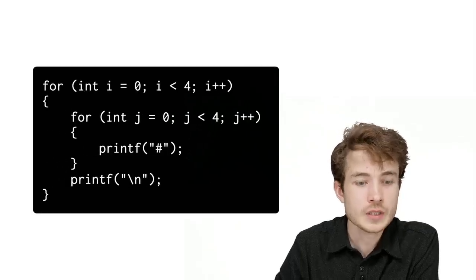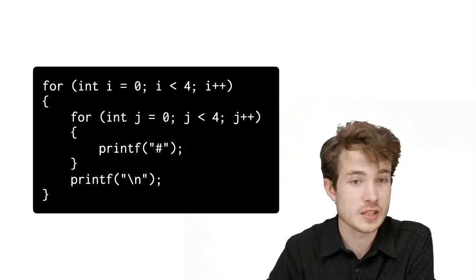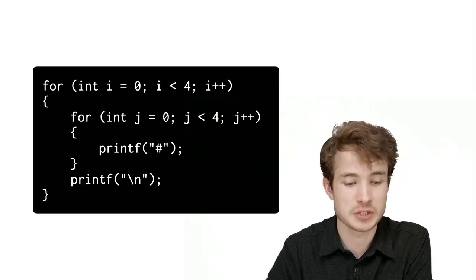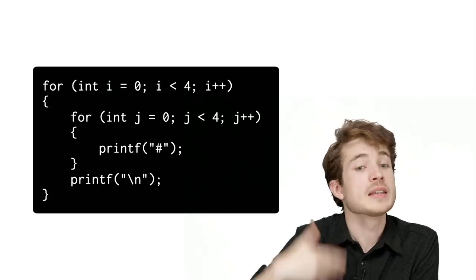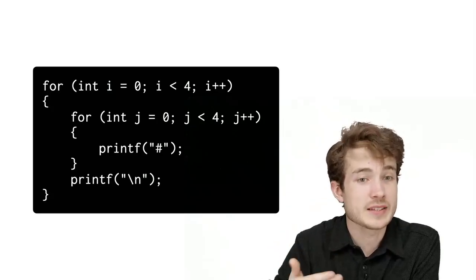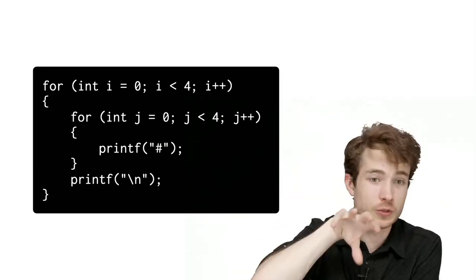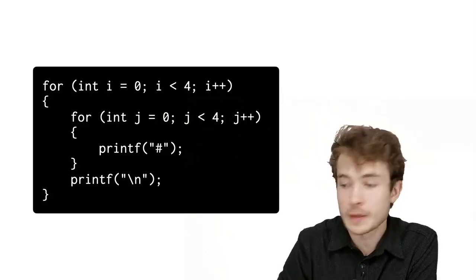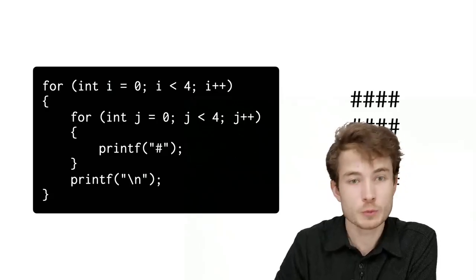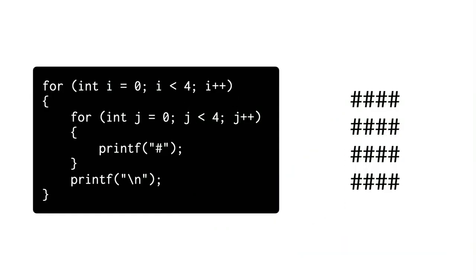Notice how the inner loop, for int j equals 0, j is less than 4, j++, is still printing out a single line of hashes. But now I'm going to do that step 4 times per the for loop that is around that loop: for int i equals 0, i is less than 4, i++. The result of this will be the square of hashes we see on the right-hand side.